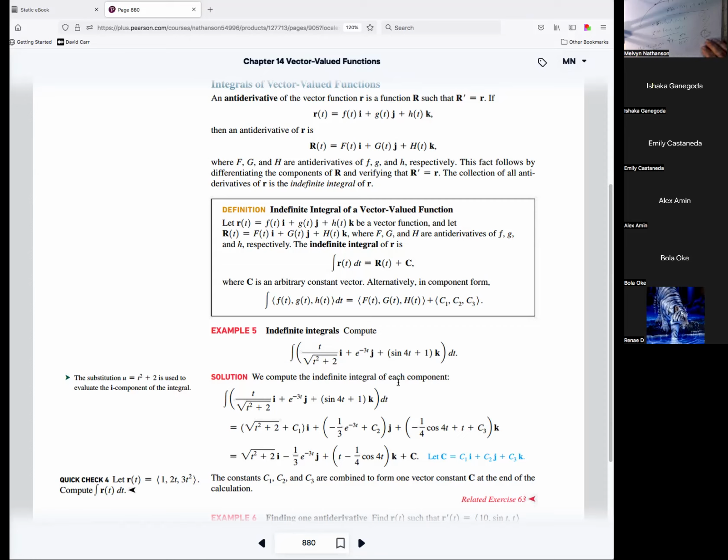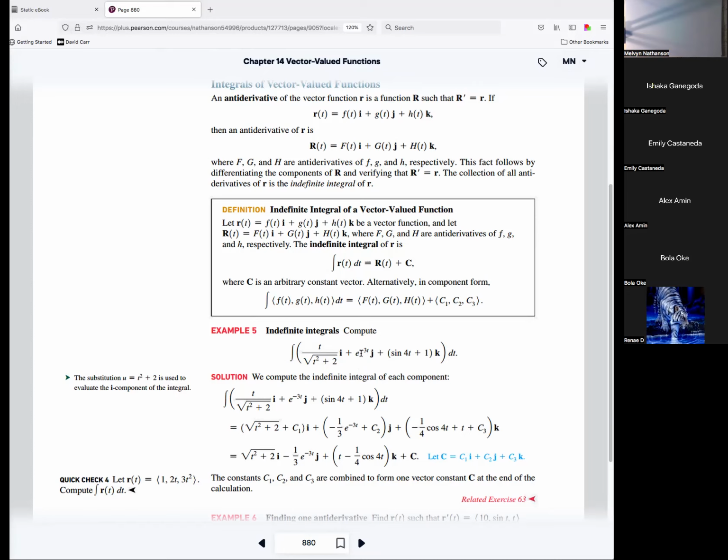But you're expected to know Math 175 and 176 in order to take Math 226. So you have to be able to do these integrals. So the integral of t over the square root is square root of t squared plus 2.